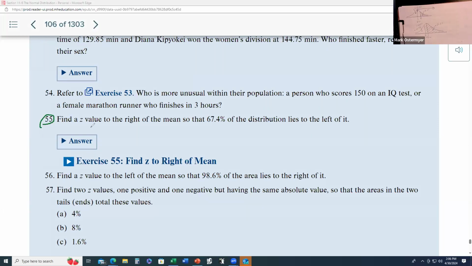Find a z-value to the right of the mean so that 67.4% of the distribution lies to the left of it. You need to find a z-value, which would really be like the 67.4th percentile value. Try to find that percentile value, 55, using the inverse norm calculator. Classwork number 2, number 55.